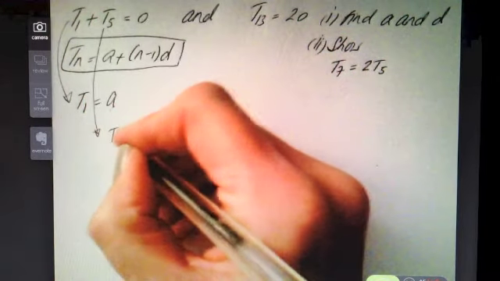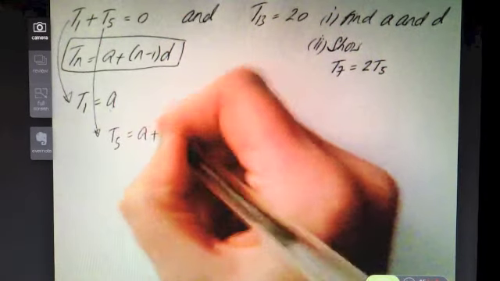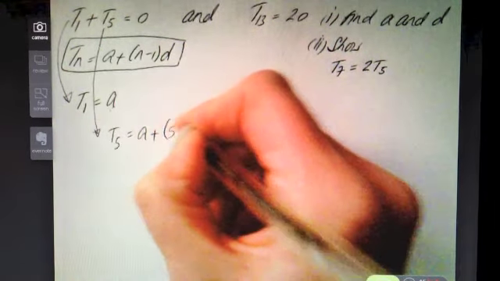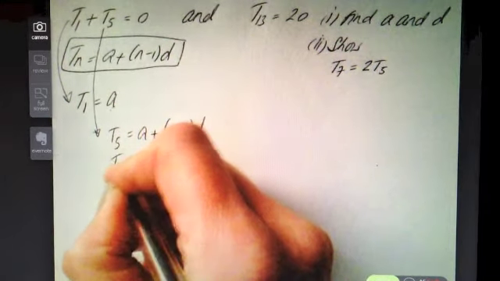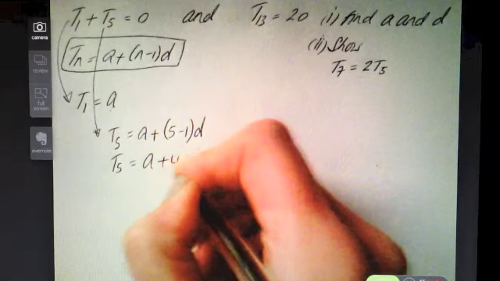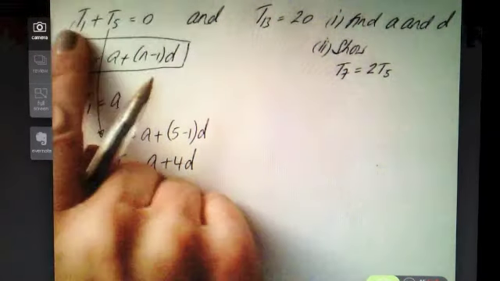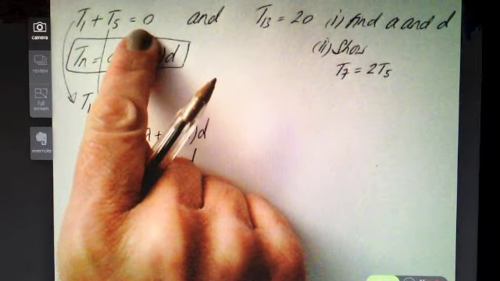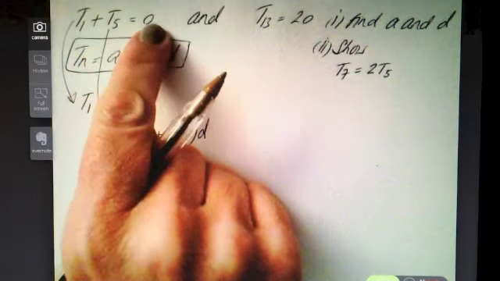And T5, subbing into this, would be A plus, instead of n, I have 5 minus 1, d. So T5 is equal to A plus 4d. Okay, so now what this information here is telling me is the term 1 added to term 5 is 0.